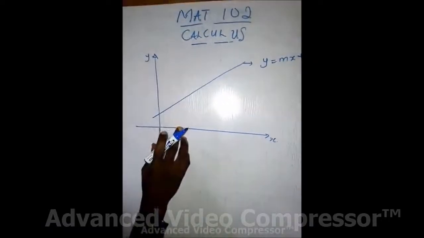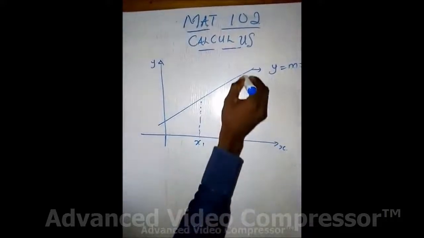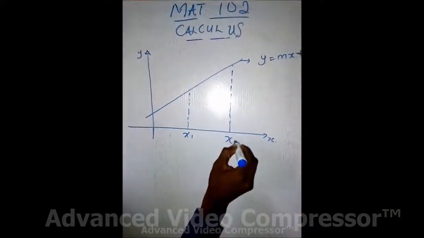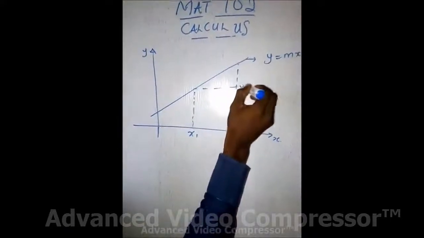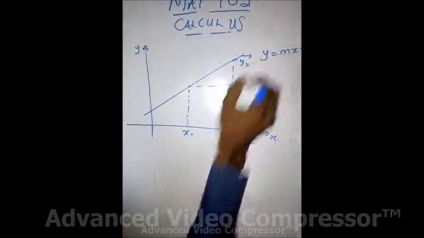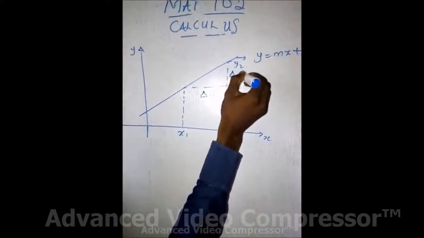In this straight line we can have 2 points selected, which are x1 and x2. Also corresponding to them, we have y1 and y2. There can be change in x here, there can be change in y here.